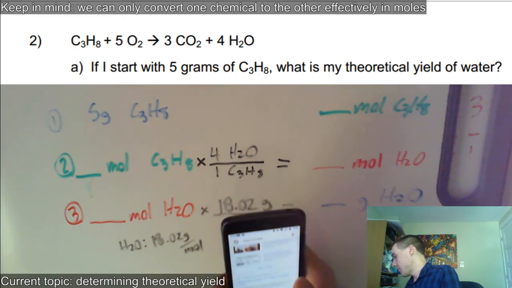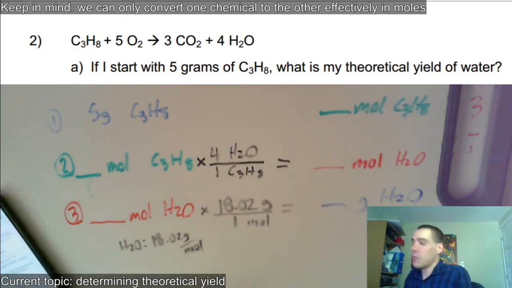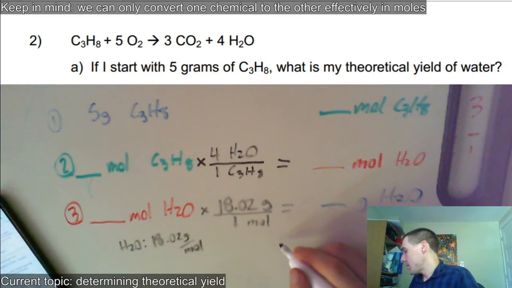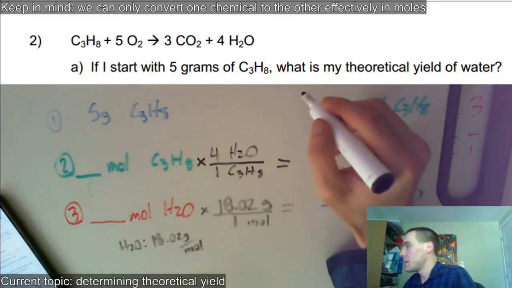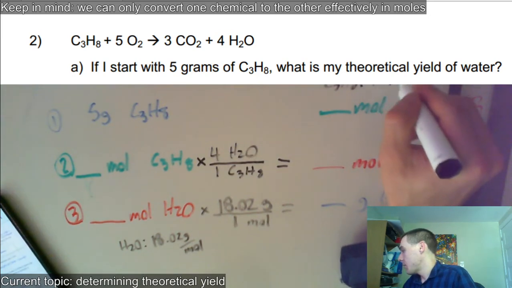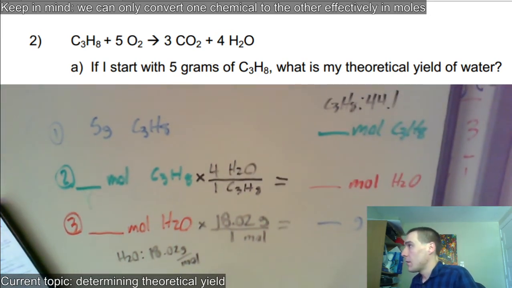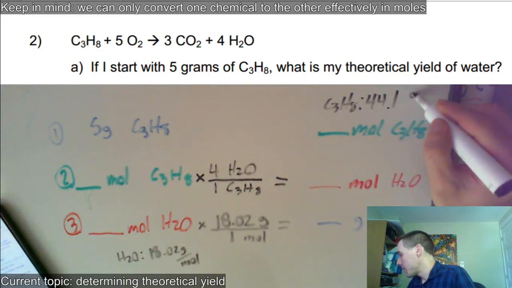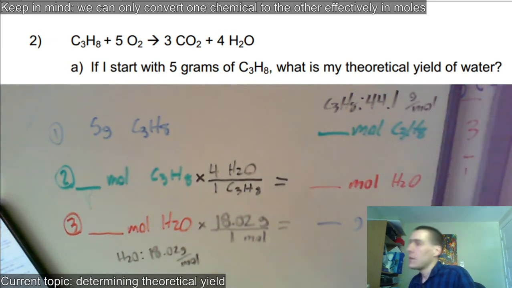Thank you. So C3H8, I'm going to put that up here because that's what we're interested in. C3H8 is 44.1 grams per mole. But of course, you can just do it in the table. It's 3 carbons and 8 hydrogens.